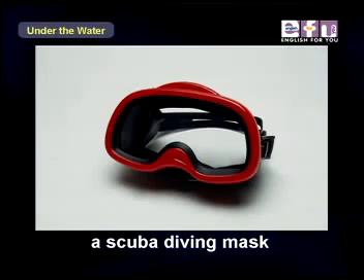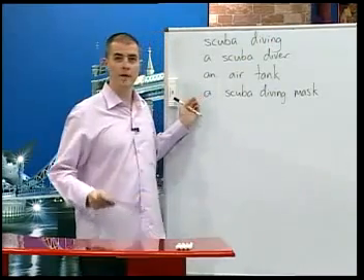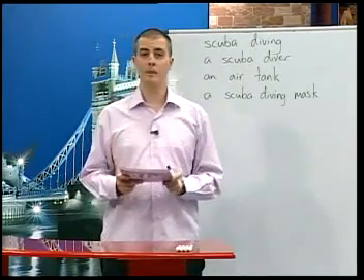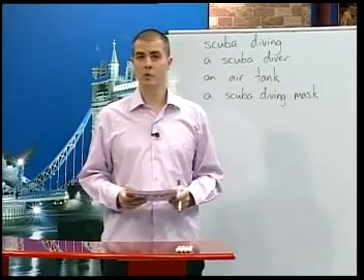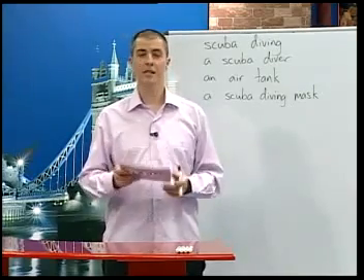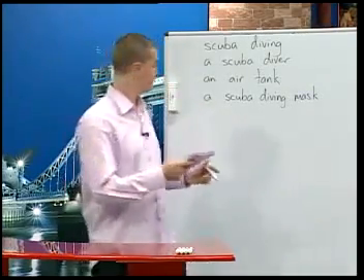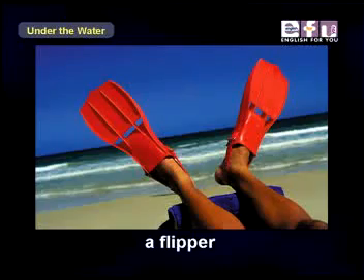A scuba diving mask. A scuba diving mask is a piece of equipment made of rubber which covers a scuba diver's face. A piece of glass in the mask allows the diver to see. A flipper.